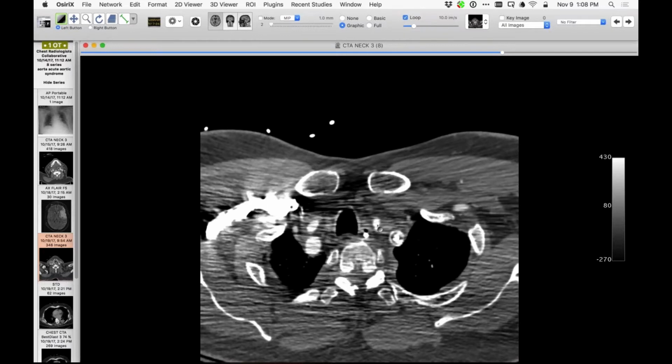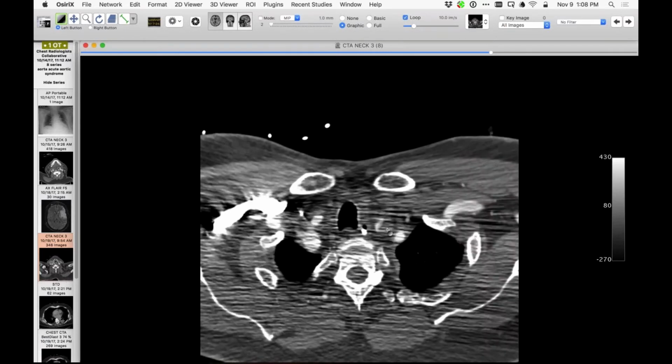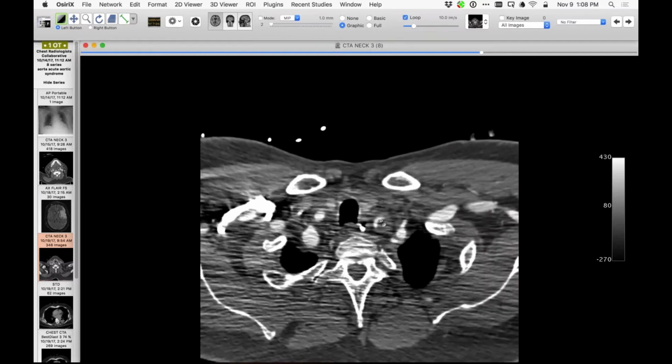You can also see here that at this time, the opacified lumen of the left carotid is narrow, and there is also extensive opacity in relation to it, and it gets quite narrow and crescentic.